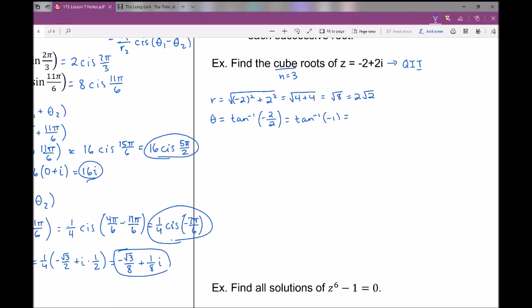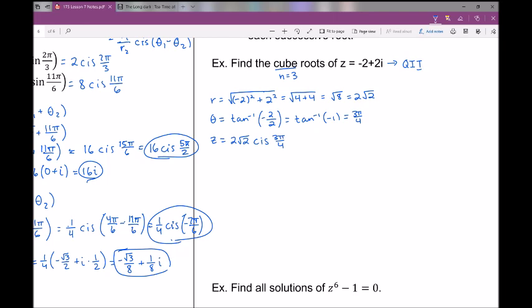And the angle that comes to mind is 3 pi over 4. So that is going to be the argument of our number. So if we wanted to write z in polar form, we would get 2 square roots of 2 cis 3 pi over 4. So that is our number in polar form.